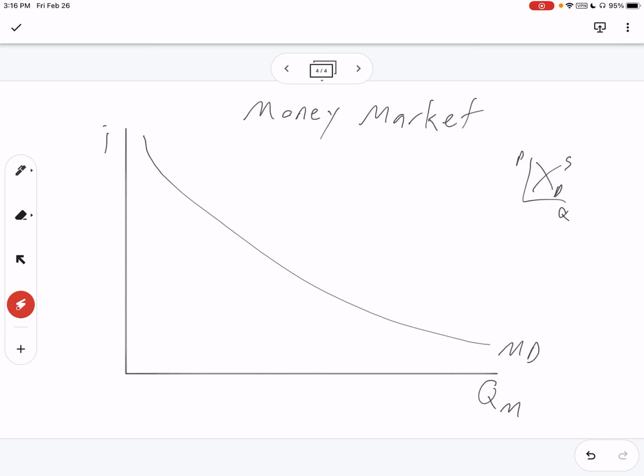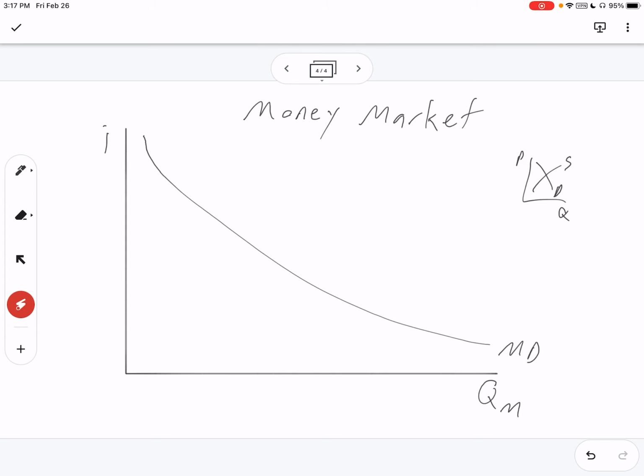Well, when it comes to that first one, which is the big one, which is that we use money to buy and sell stuff, well, when interest rates are lower, right, interest rates go down, the quantity demanded for money is going to increase. The reason being is that at lower interest rates, what do people want to do? Spend their money or save their money?